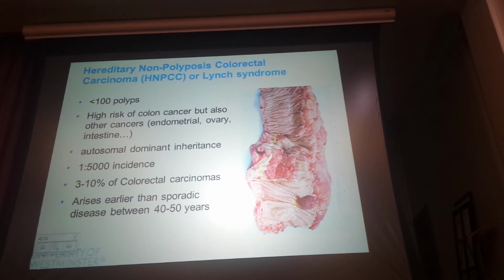It's an autosomal dominant inheritance, and the incidence is like 1 in 25,000. And it represents 3 to 10% of all colorectal carcinomas. And again, because it's in the hereditary context, it's an early age onset disease. It happens around 40, 50 years, when usually sporadic colon cancer arises after 60 or 70 years old. But if you have already acquired mutations, then you develop cancer earlier.